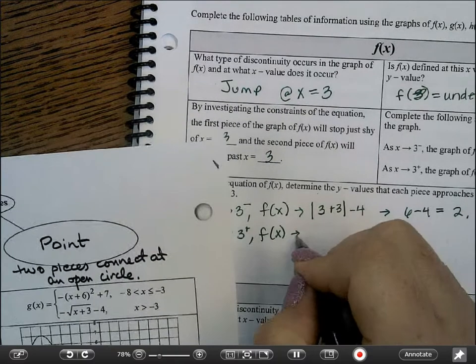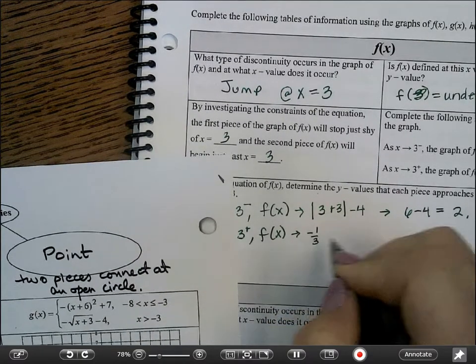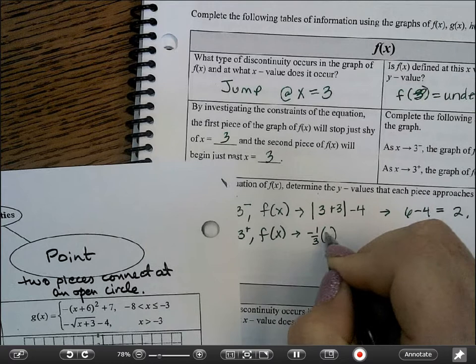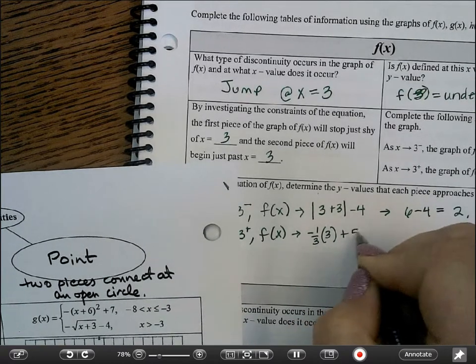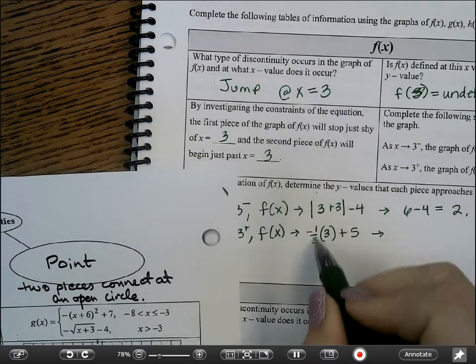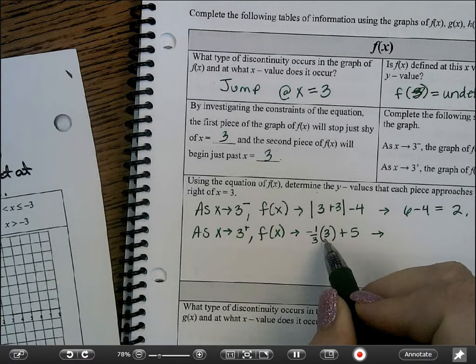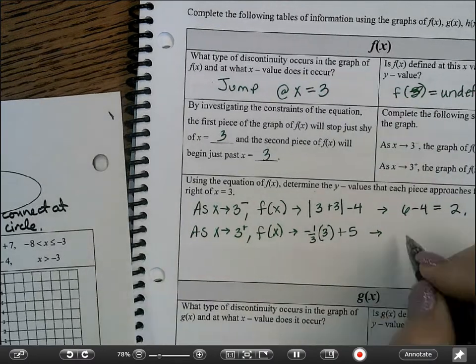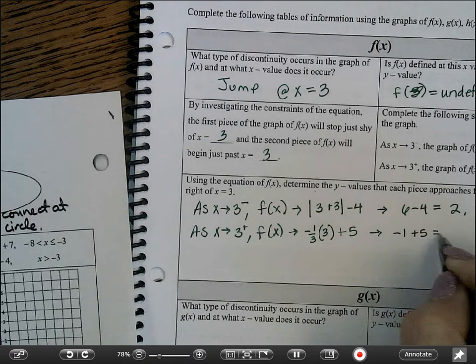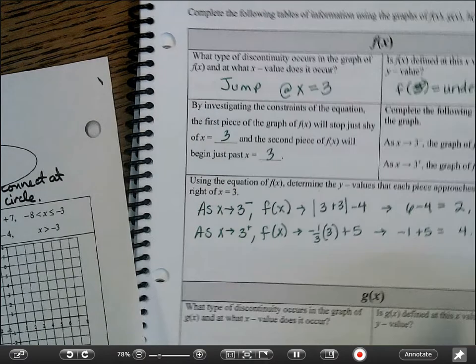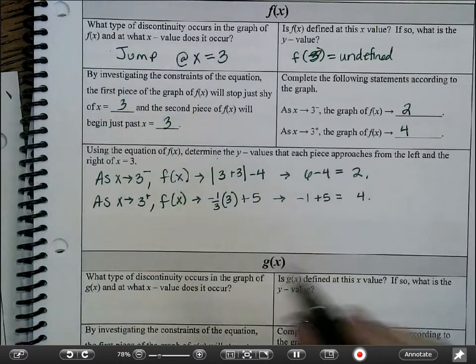I'm going to write down that equation as negative 1/3 x, and in this case the x is 3. Negative 1/3 of 3 is negative 1. Negative 1 plus 5 is 4. So here we go.